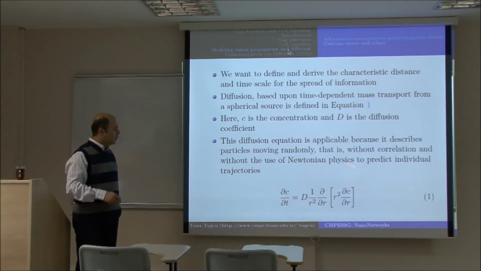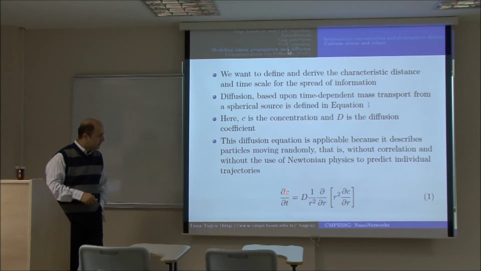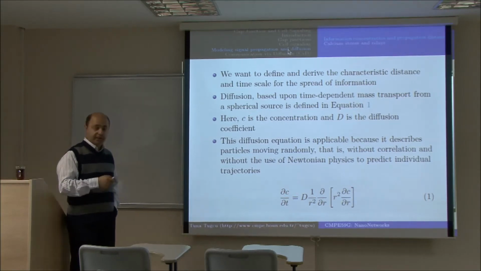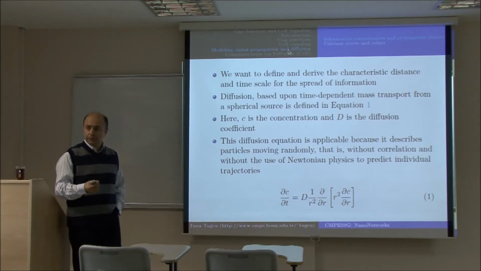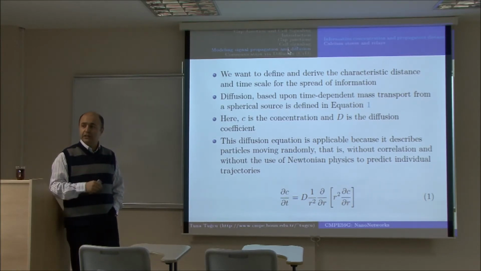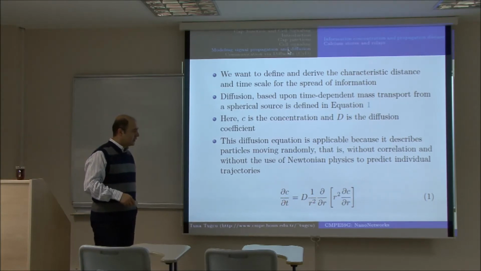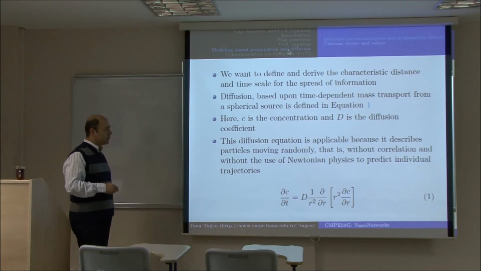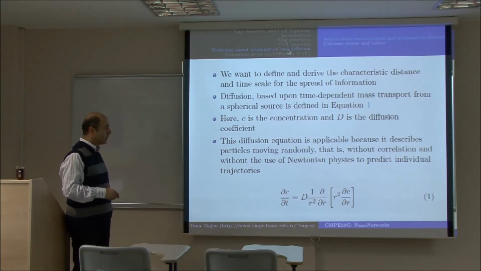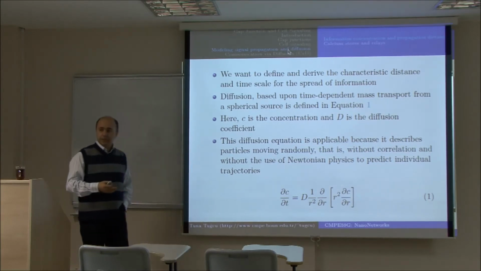According to the equation here, C is the concentration of the messenger molecules in the environment, and D is the diffusion coefficient of the medium, the extracellular medium. This will be dependent on r, and we can formalize it this way. This diffusion equation is applicable because it describes the movement of the particles in a random manner.